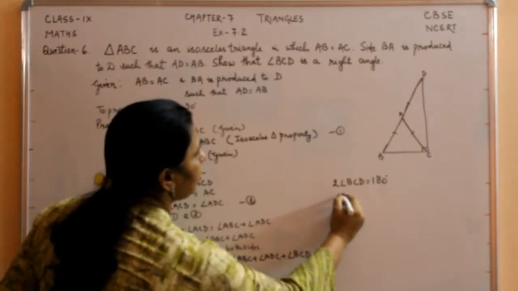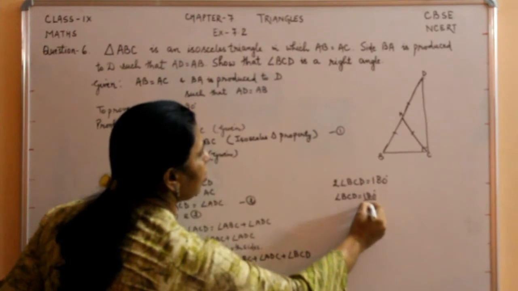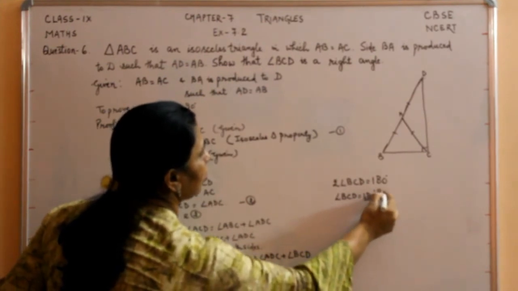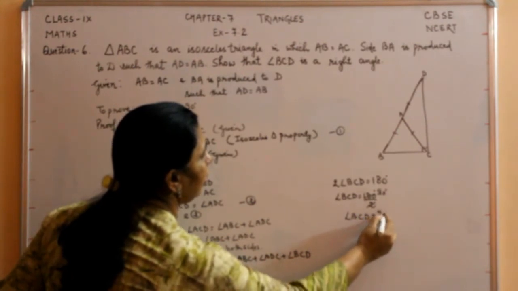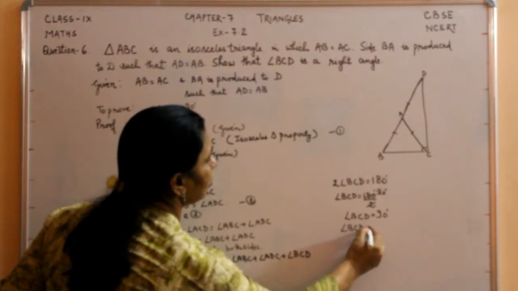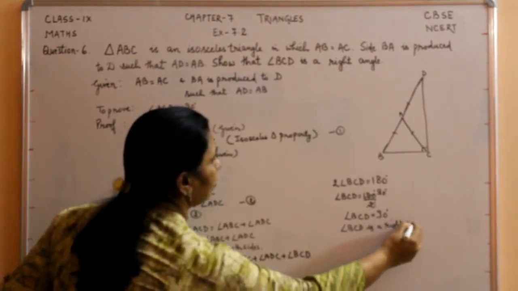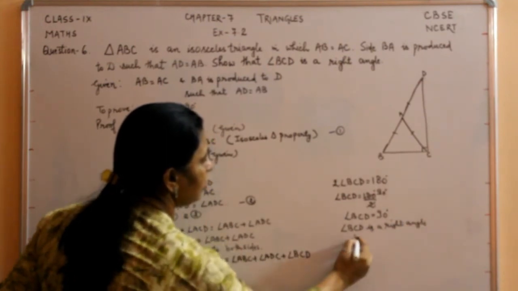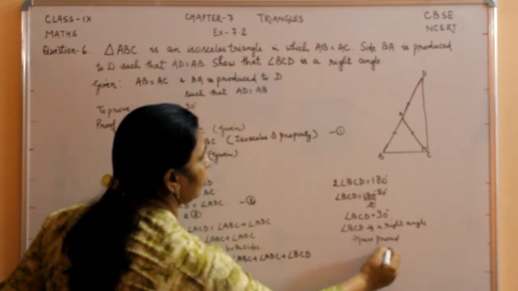So angle BCD is equal to 180 upon 2, that is angle BCD is equal to 90 degree. That is angle BCD is a right angle. Hence proved.